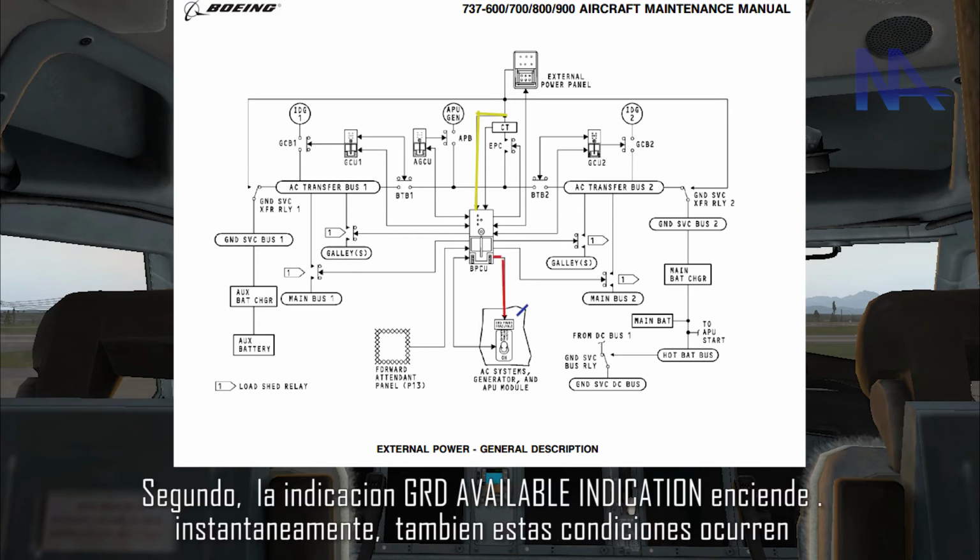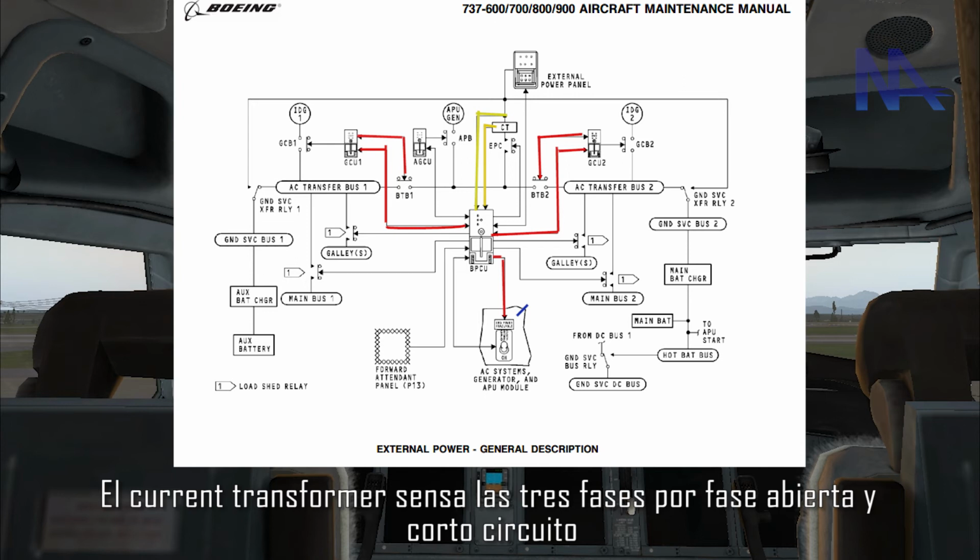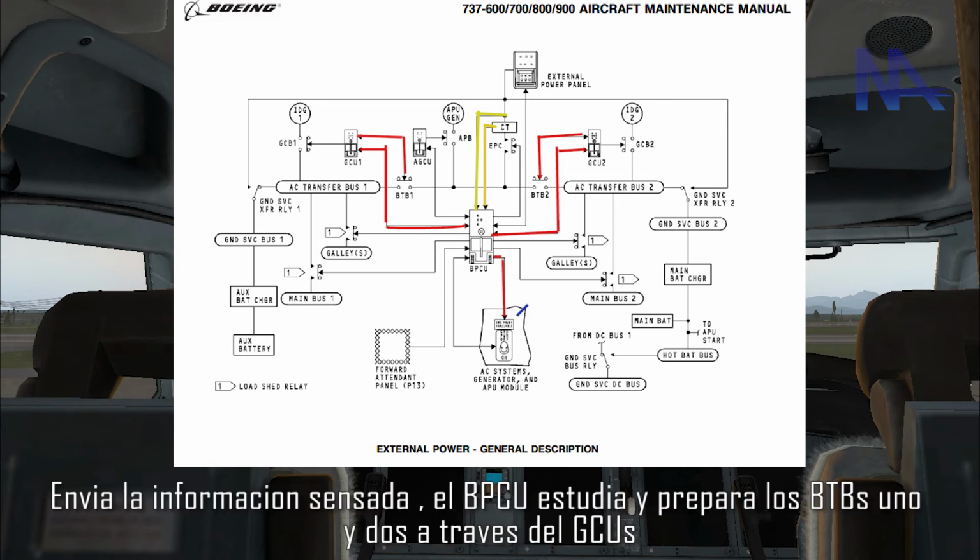Second, the GRD power available indication comes on. Instantly, these things also occur. The current transformer senses the 3-phase for open phase and short circuit. It sends the information to the BPCU status, and prepares the BTBs 1 and 2 through the GCUs.